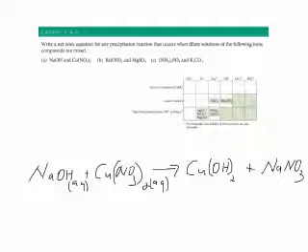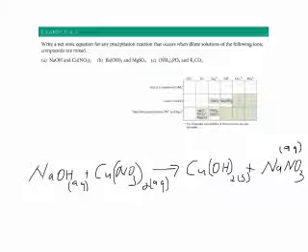And if we look, so this is the category that we'd be looking at because copper is a transition metal. And if we look over to the box for hydroxides, we see that copper hydroxide is insoluble. So what that means is that we're going to have an S there, and then for the sodium nitrate, all nitrates are soluble, so that would be an AQ.